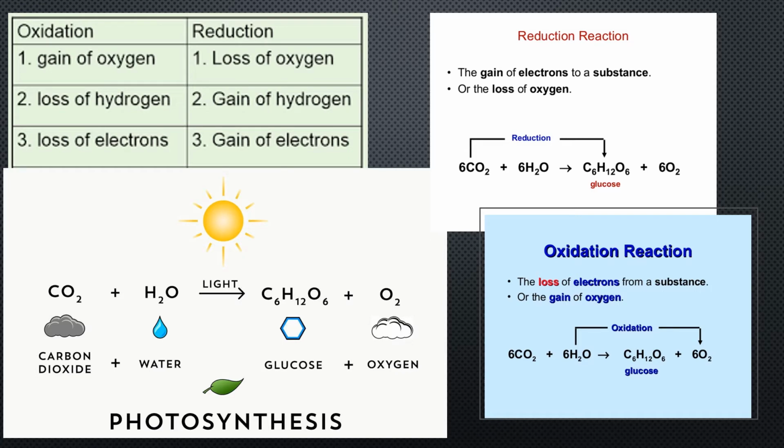When we're looking at redox reactions, and we know we have the oxidation part and the reduction part, it's easy to tell which is which when you are dealing with ionic bonds because it's pretty simple to see the gain or loss of electrons. When we go into other reactions, say ones that involve polar covalent bonds, sometimes it's harder to tell where you're losing and gaining electrons. So there are other hints.